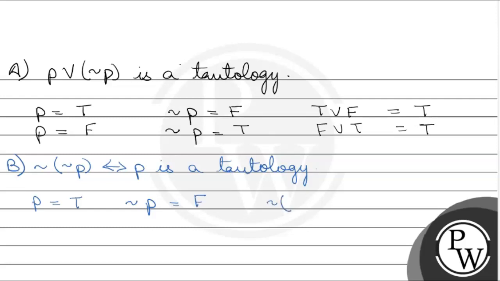Then negation of negation of P will be true. So this is equivalent to P. Now if P is false, then negation of P will be true. Then negation of negation of P will again be false, which is equivalent to P. So this statement is also correct.